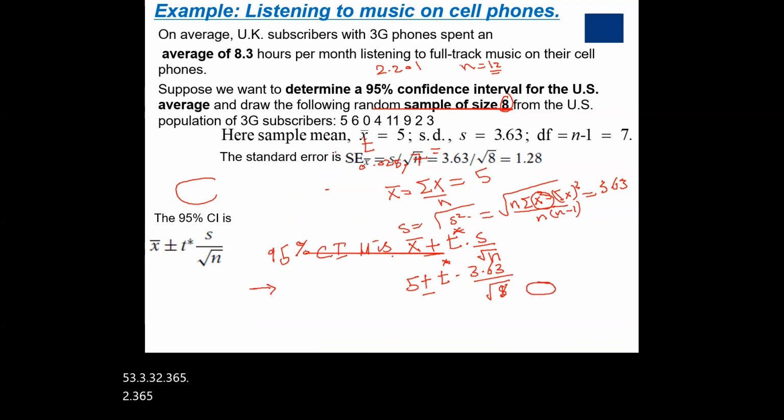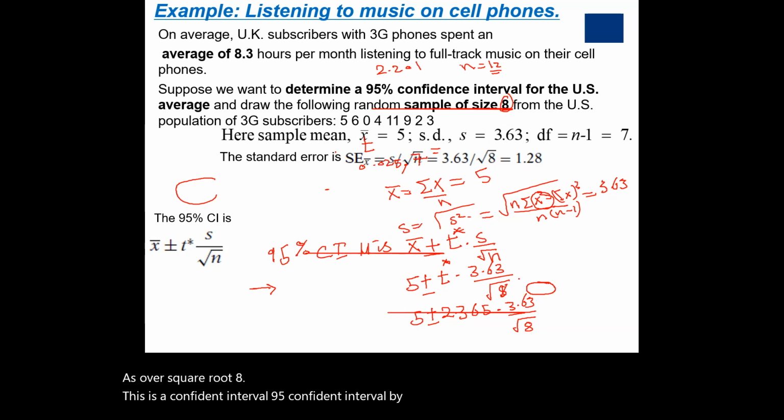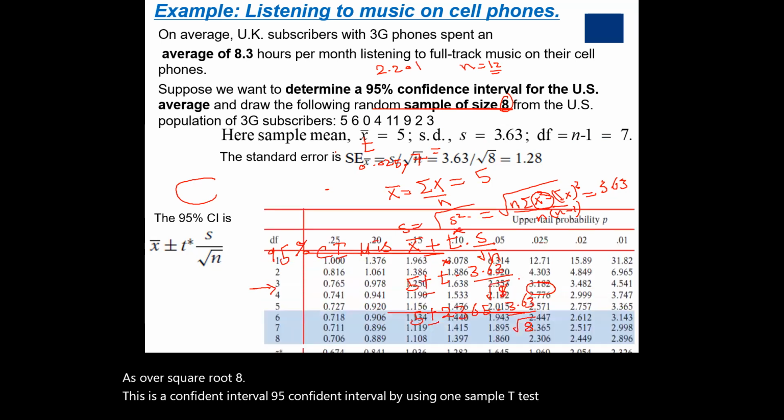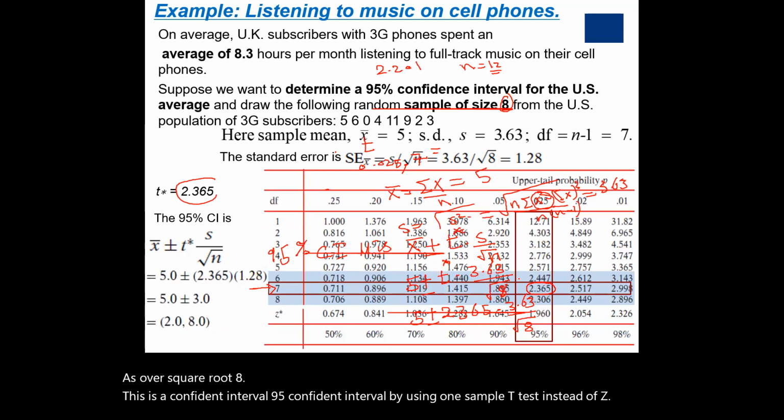So we write here 2.365, multiplied by 3.63, which is s over square root 8. This is a 95% confidence interval using a one sample t test instead of z, which is this one.